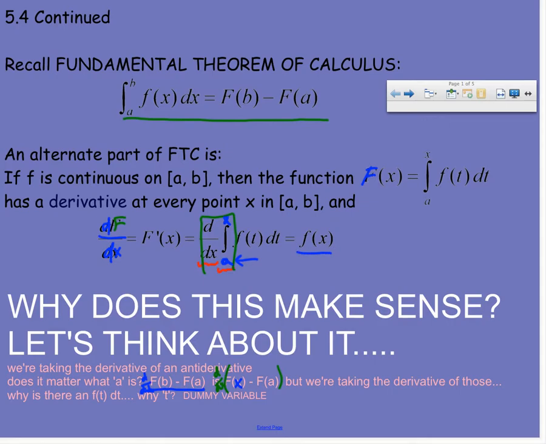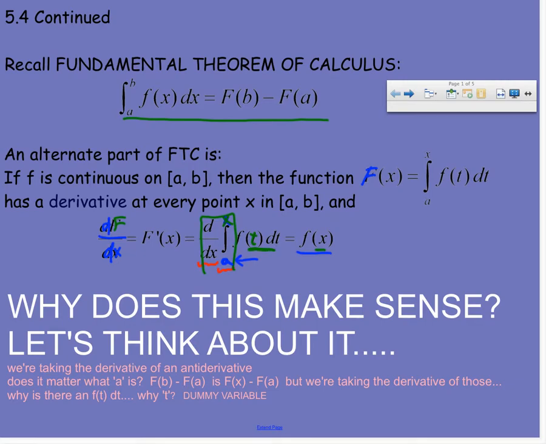Now you might also be wondering, why is there a t here and an x here? Does that matter? Really, it doesn't. What matters is that we have this variable right here on top, which is the x. This x can't really be the same as this variable, so we just call this t a dummy variable.